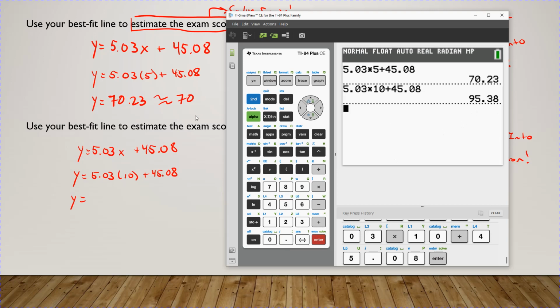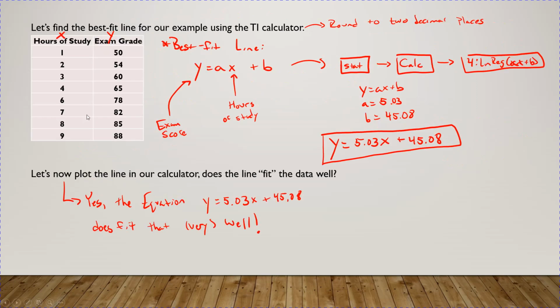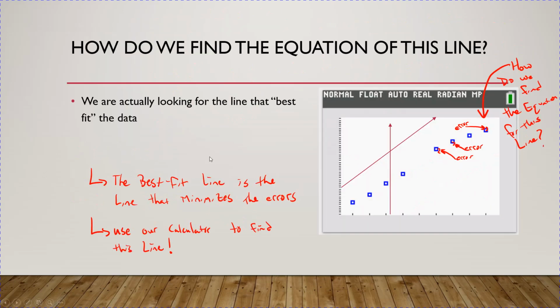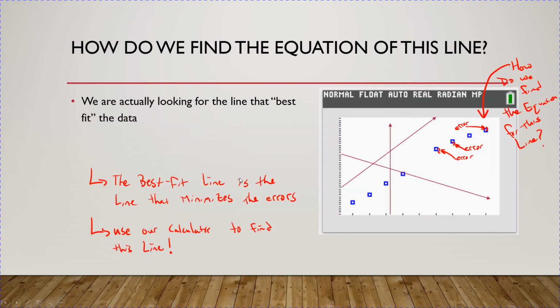95.38. Okay, so we would estimate that you're going to study for 10 hours. You're going to get over a 95 on this exam. That's great. So again, I'll round this to 95. And look, going back, we said, looking here, it's going to be over an 88, and we know here now it's going to be that 95. We would estimate that that person would get a 95 on it.